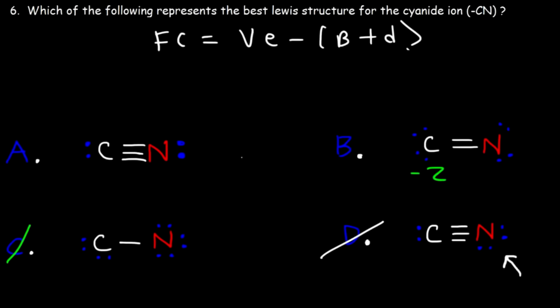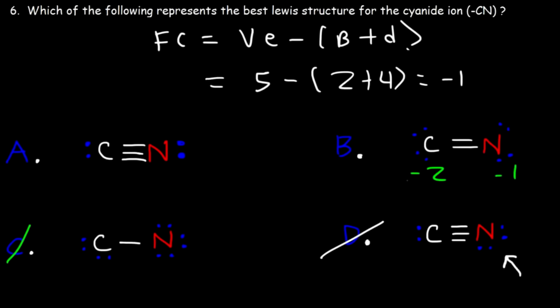Now what about the formal charge of nitrogen? Nitrogen naturally has 5 valence electrons. It's in group 5A of the periodic table. And in this structure it has 2 bonds, and it also has 4 dots. So 2 plus 4 is 6, 5 minus 6 is negative 1.